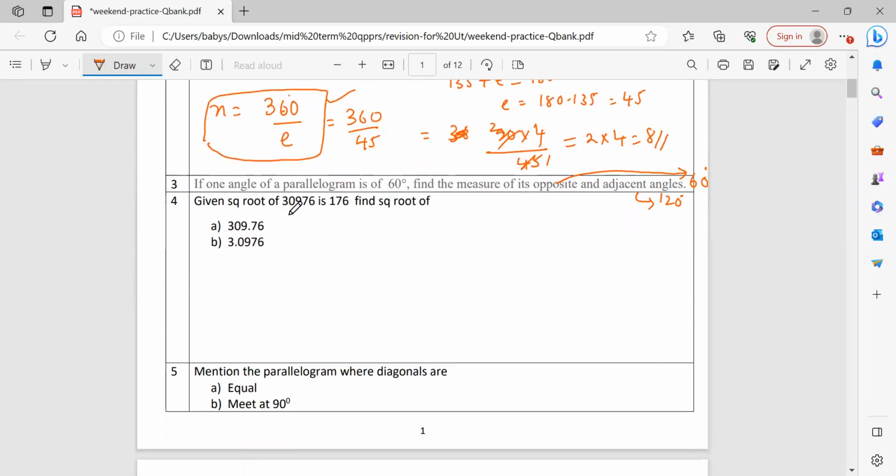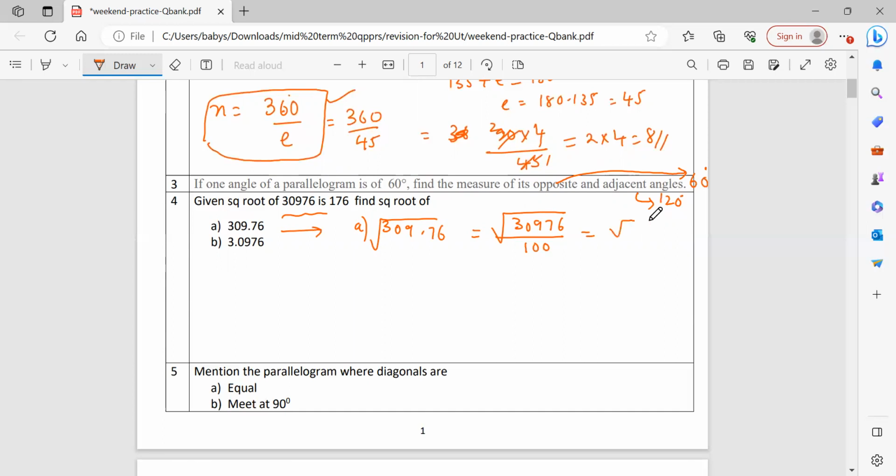So given the square root of 30976 is 176. Find the square root of 309.76. So basically here it's a test of your working knowledge of decimals. So if I were to write root of 309.76, I might write it as 30976 divided by 100.